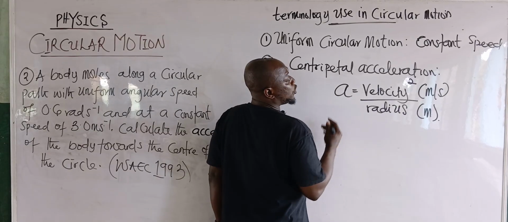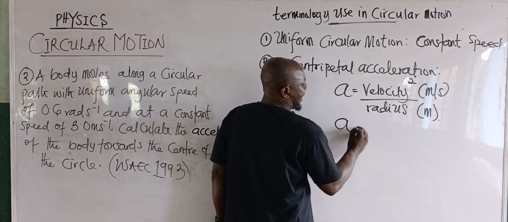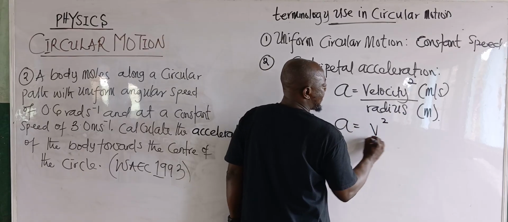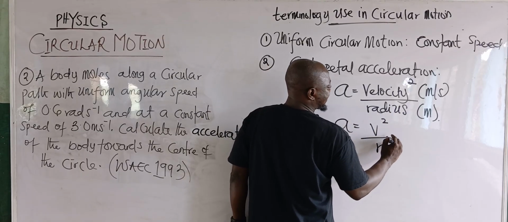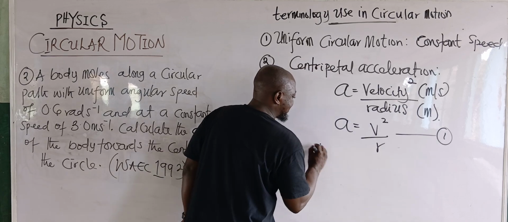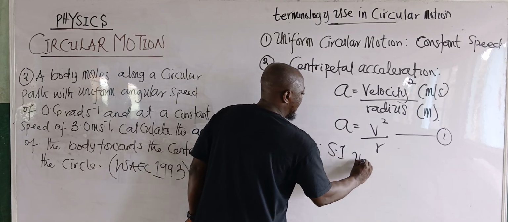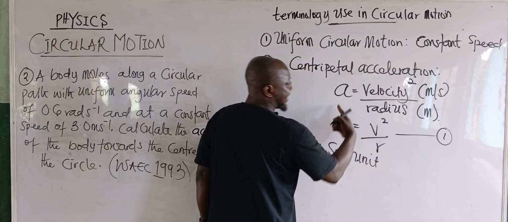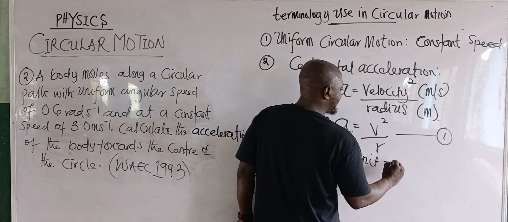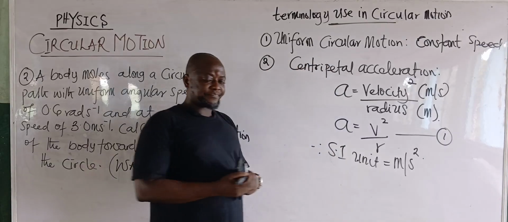So acceleration becomes v squared over r. This becomes equation 1. The SI unit of centripetal acceleration is simply meter per second squared.